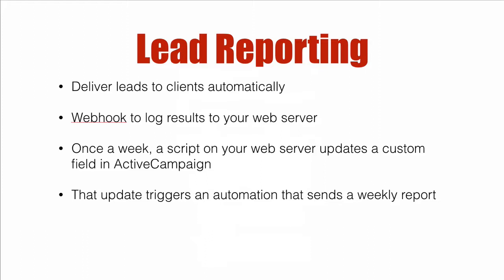Now the biggie is, as soon as that happens, you also need to use the webhook capability inside ActiveCampaign to send that information over to your web server. Now you're going to have another script on your web server that catches that information and puts it into a database. It's also going to timestamp it so that once a week another script on your web server is going to run, and it's going to look back the last 7 days, or from Monday through Sunday, and generate a report.